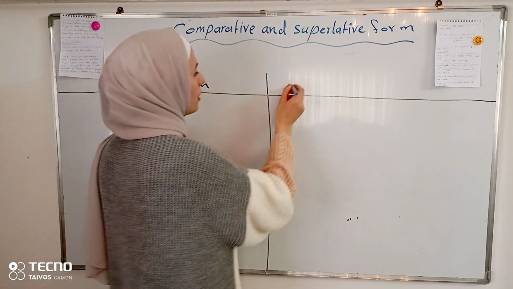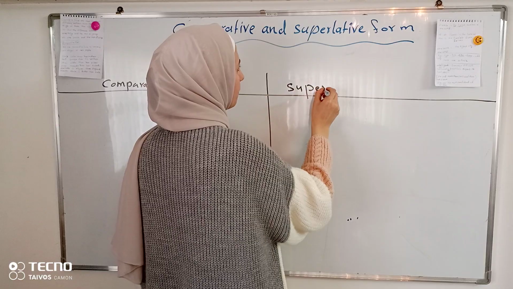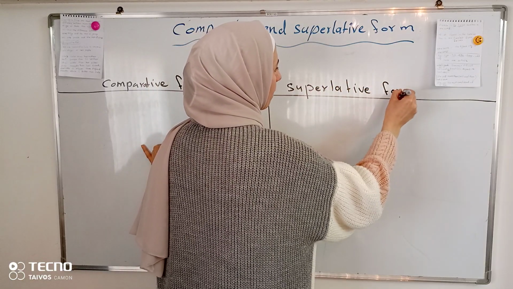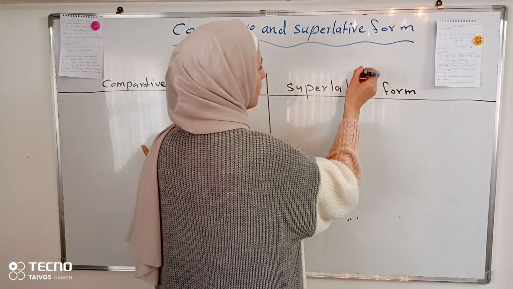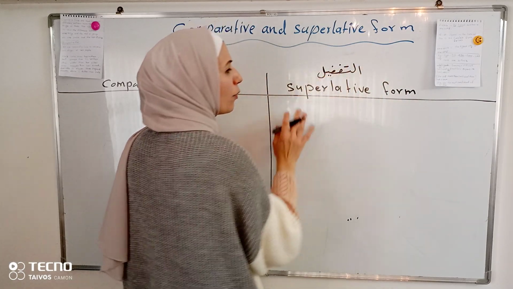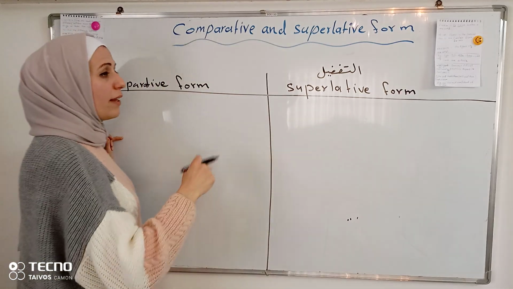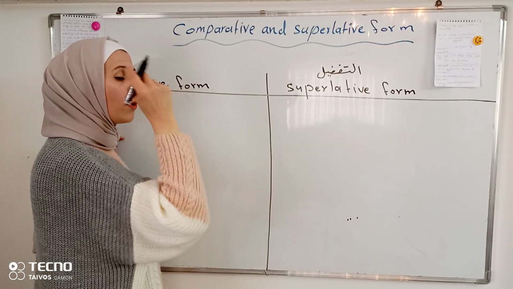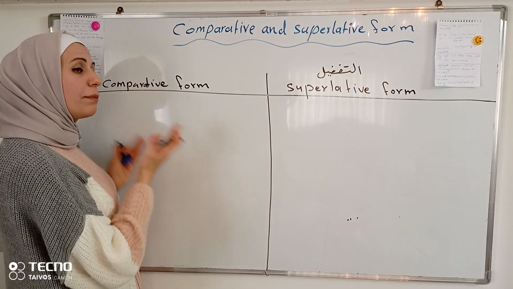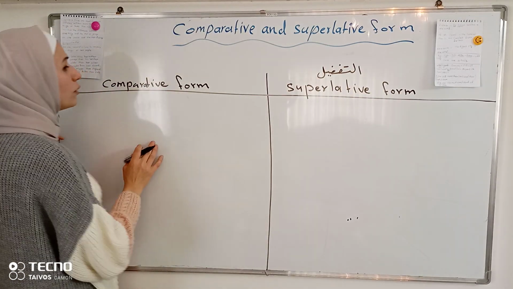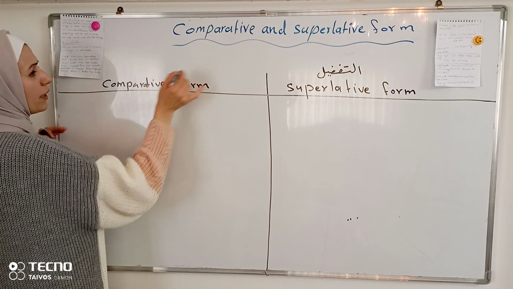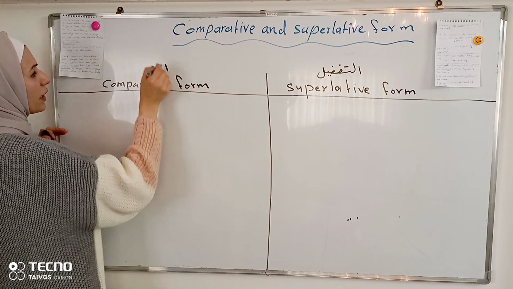And second section, superlative form. Superlative compares one thing with the rest of a group, or one person with the rest of a group. But comparative compares between two things or two people.